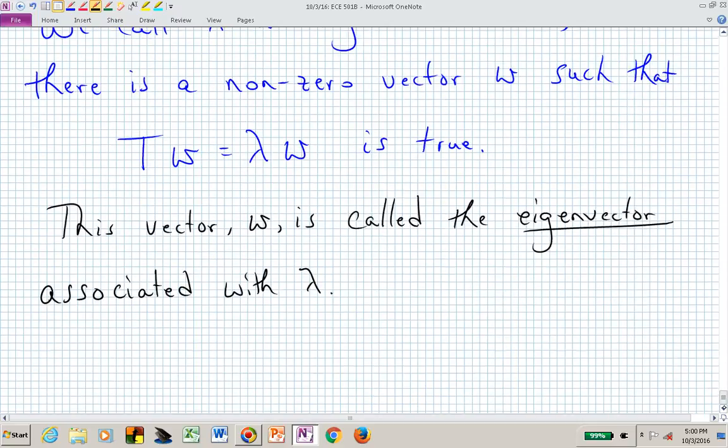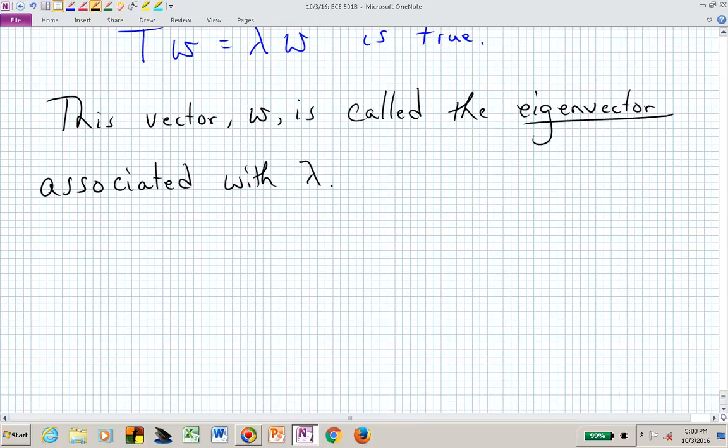And if we have such an equation being true, Tw equals lambda w, then w is our eigenvector and lambda is our eigenvalue.